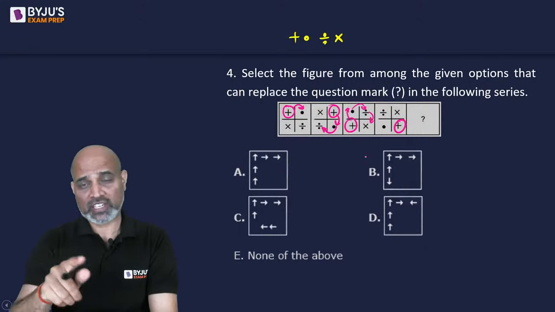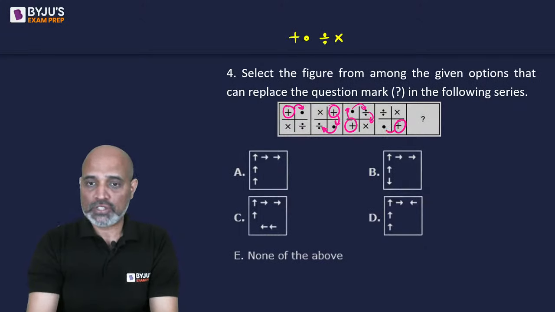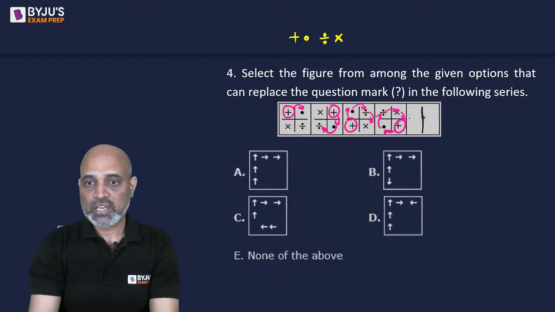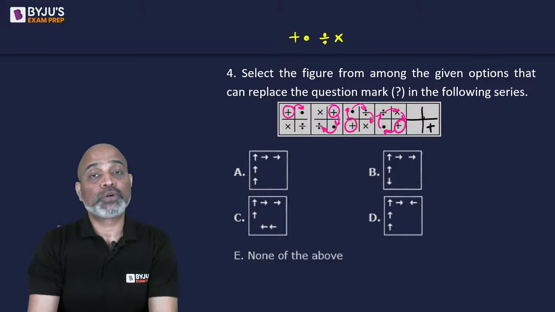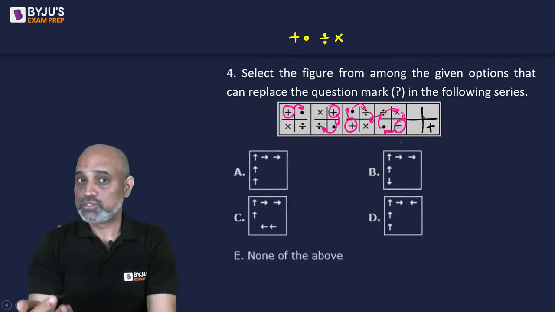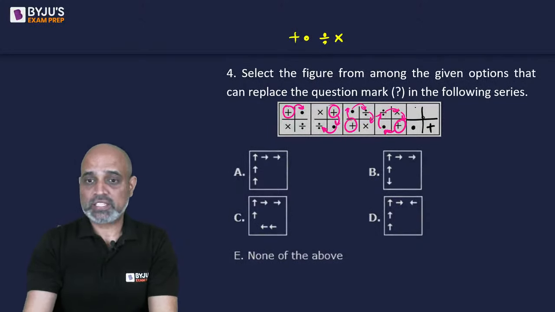By that logic, in the next figure, plus should move by 4 places, as in it should come back to its original position. And if it's at its original position, the other 3 symbols in clockwise order should follow it: plus, dot, division and multiplication.